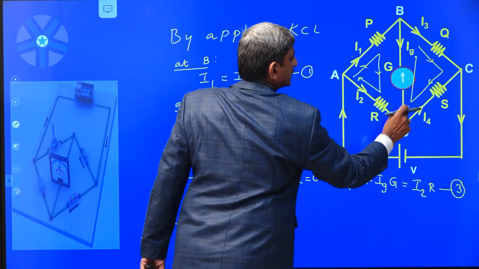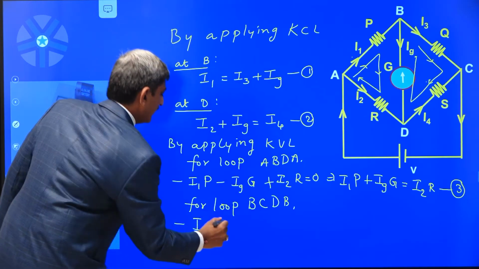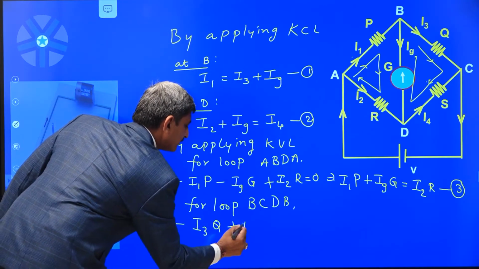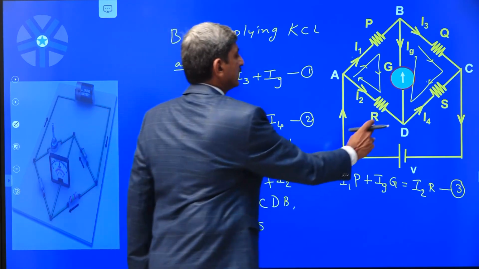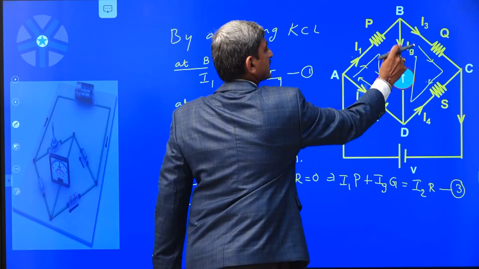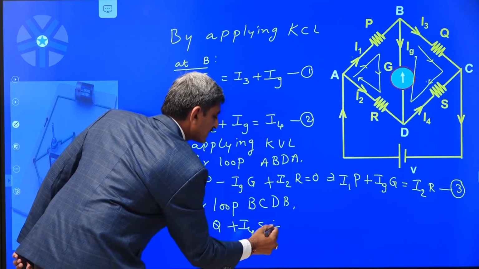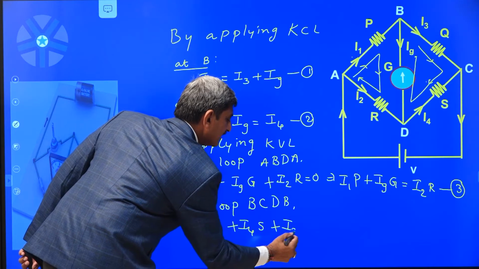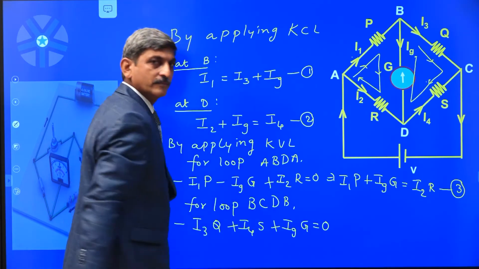In the CD branch, direction of the current and the direction of the loop are in the opposite direction, plus I4S. In the DB branch, direction of the current and the direction of the loop are in the opposite direction, plus IgG is equal to 0.